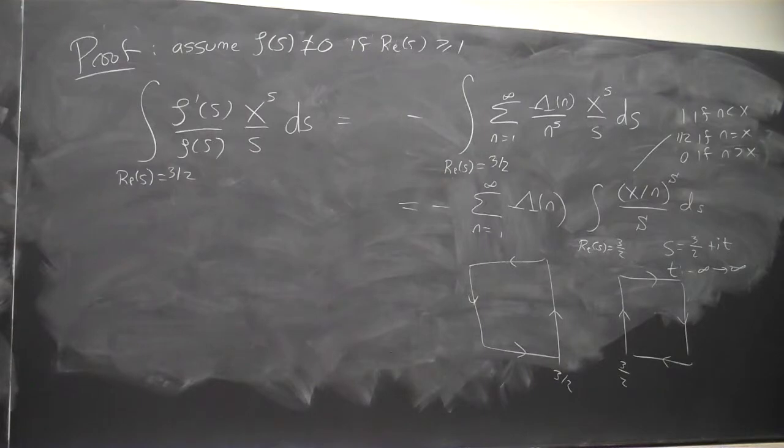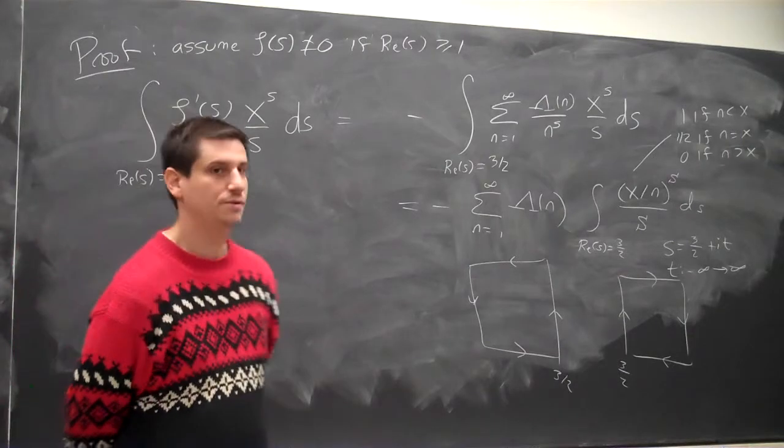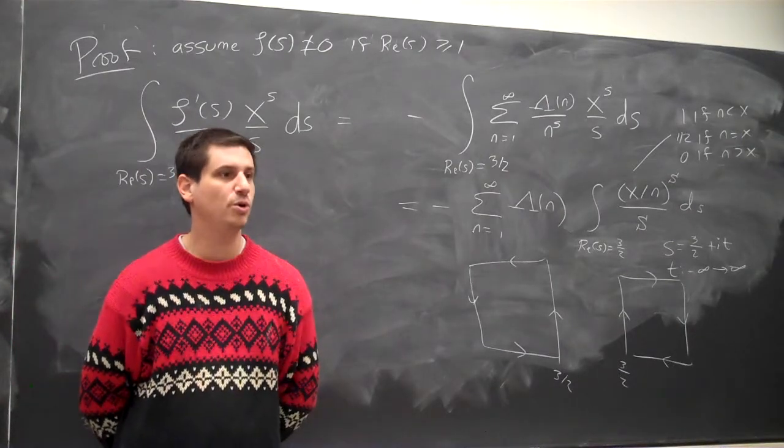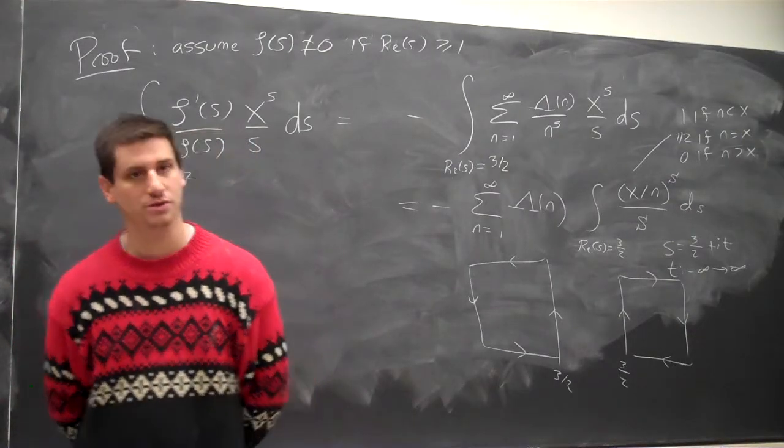I will leave this integration to you as an exercise: how would you evaluate that integral? It should be one of those two contours. The question is, is there going to be a pole? If so, where is the pole going to be? What will be the residue?